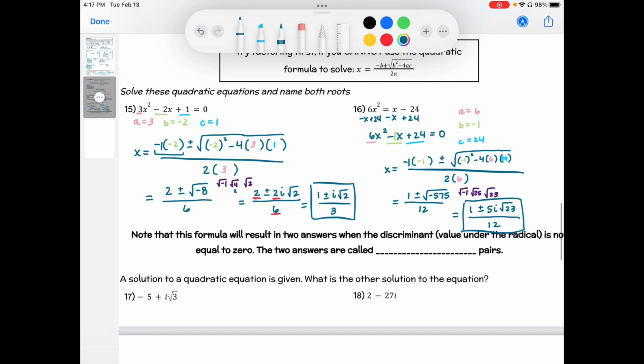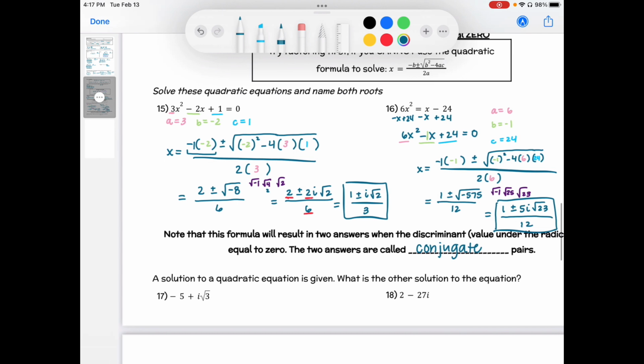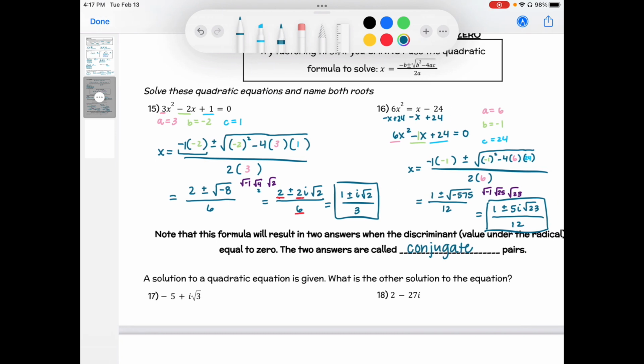All right, and finally, we are always going to get two answers when the discriminant is not equal to 0. The answers are called conjugate pairs. So the easiest question to get right is this kind of question if you remember your conjugate pairs.